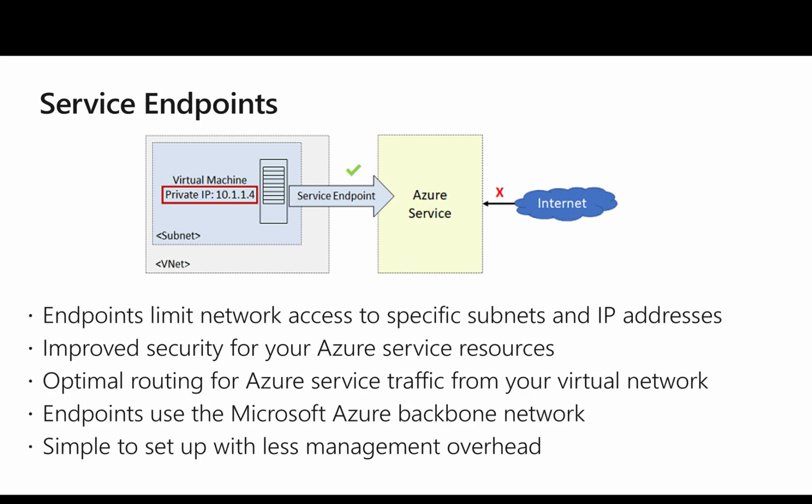It also helps in increasing the security of the Azure services. Instead of accessing the traffic from public IP addresses through the internet, we can limit it only to the private IP addresses within the specific VNet. So here we don't really need to go through the internet, and hence the traffic is secured.